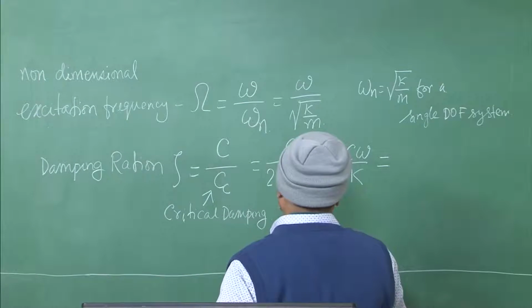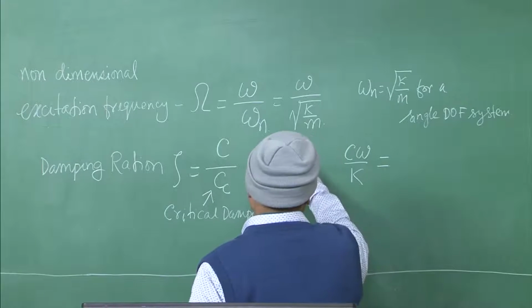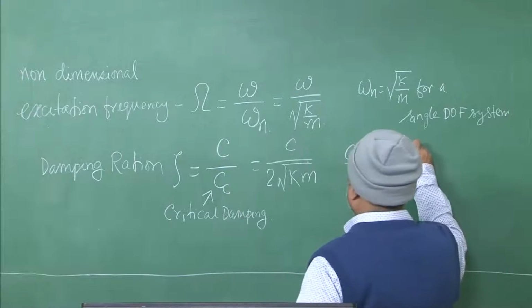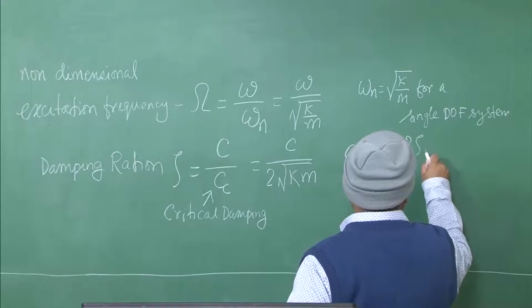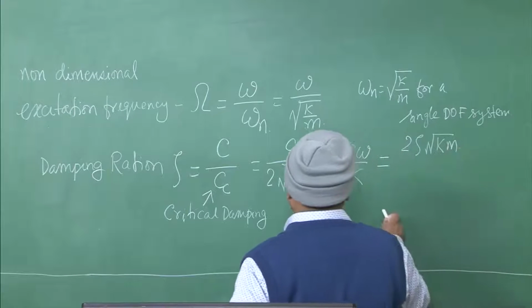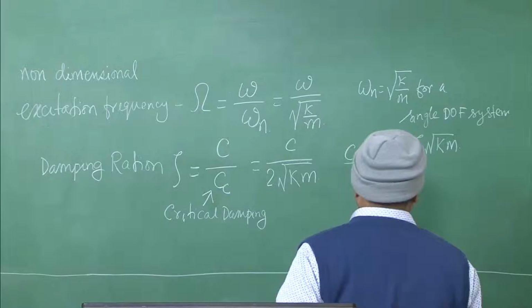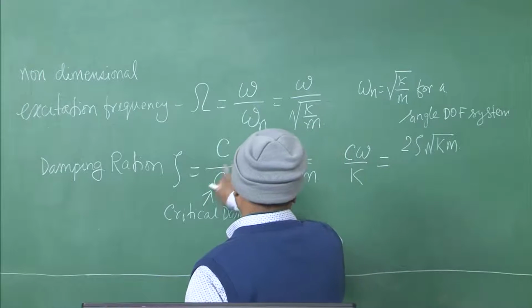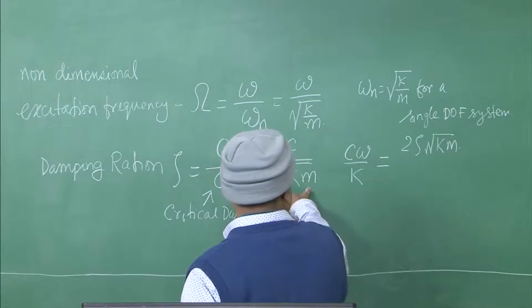That means we can express C as 2 zeta root km, as you can see here.